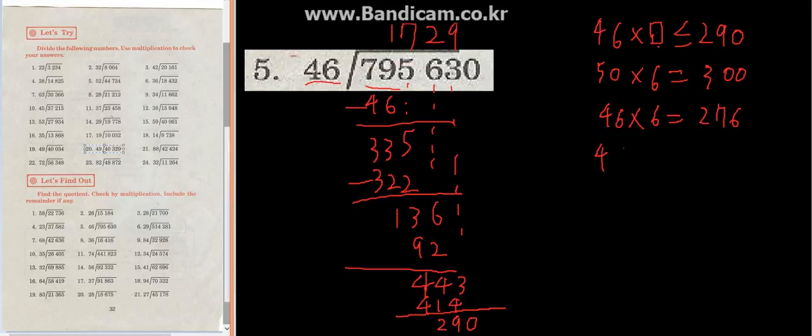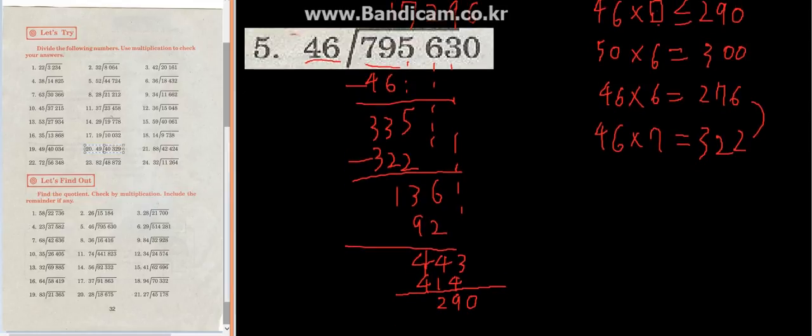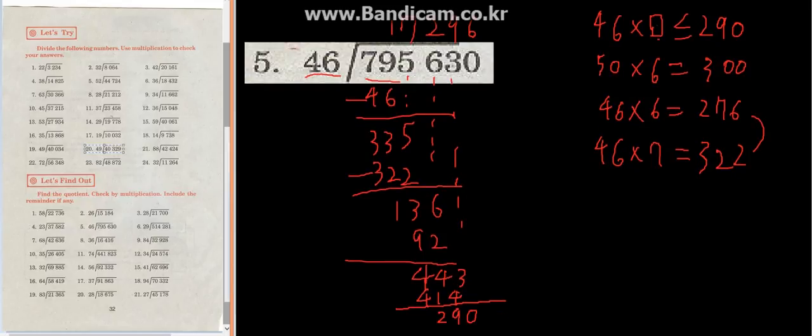So let's try 46 multiplied by 7. In this case, this is 322. Is that right? Right. So 290 is between these two numbers. So we happily write down 6. And if we go down just a bit more, I'm just going to move this.